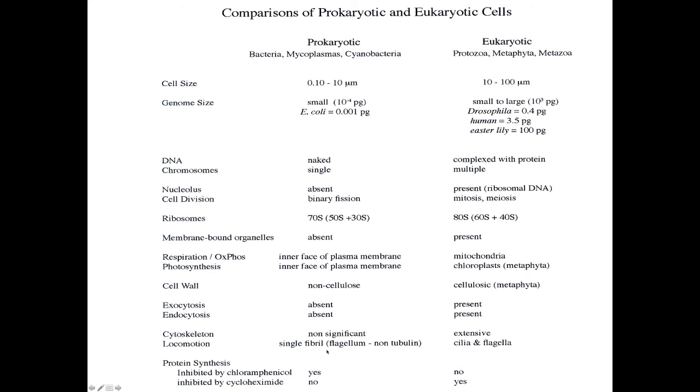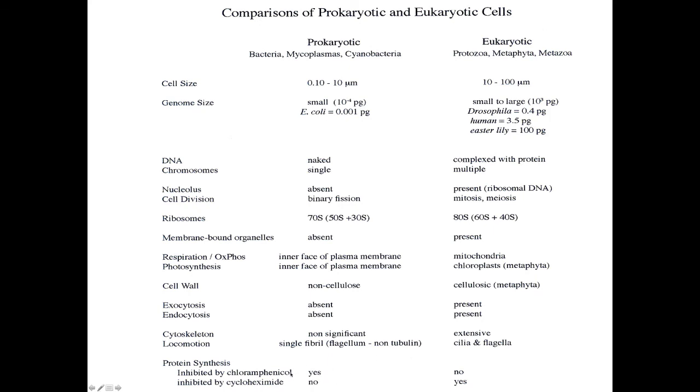They do have flagella, and you'll see this in bacteria, but the flagellum is not at all like a eukaryotic flagellum. There's a particular protein in prokaryotes called flagellin. This is not a microtubule-based structure like in eukaryotic cells. And then finally, protein synthesis can be inhibited by various types of drugs, and this will be foundational in pharmacology. Different types of drugs can affect protein synthesis differently in eukaryotic cells versus prokaryotic cells.